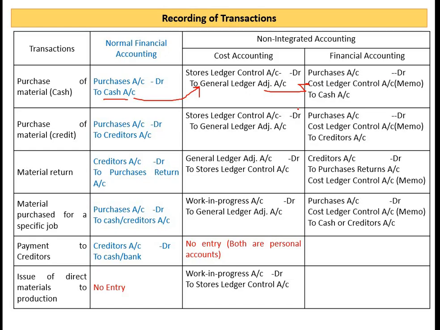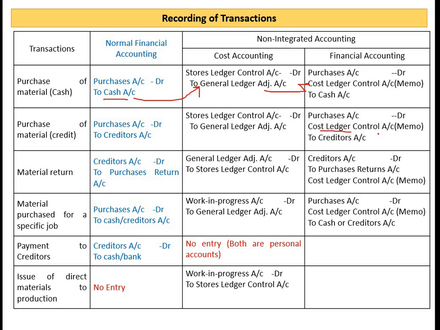Okay, then if you make purchases on credit basis, in the normal financial accounting case, purchase account debit to creditors, but in the case of cost accounting, store ledger control account debit to general ledger adjustment account. Similarly, in financial accounting, purchase account debit to creditors account, with a memorandum entry of cost ledger control account.